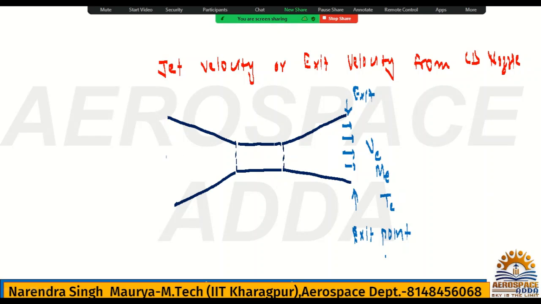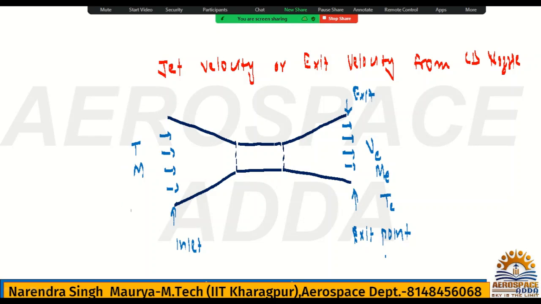One thing should be very clear, because here we have an inlet. This is the inlet. So obviously the temperature will be T and the Mach number will be M here. Just try to concentrate on the inlet.